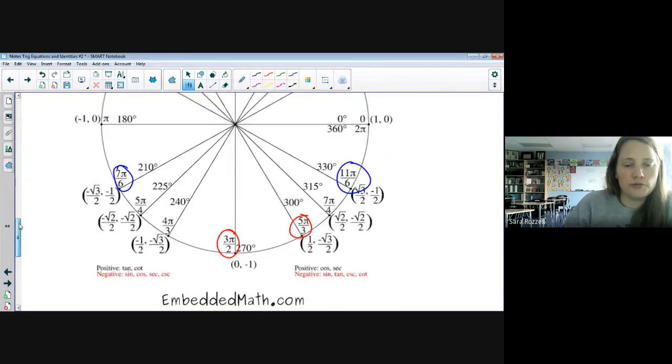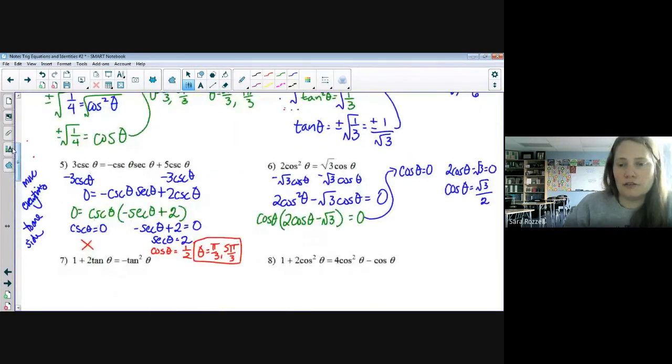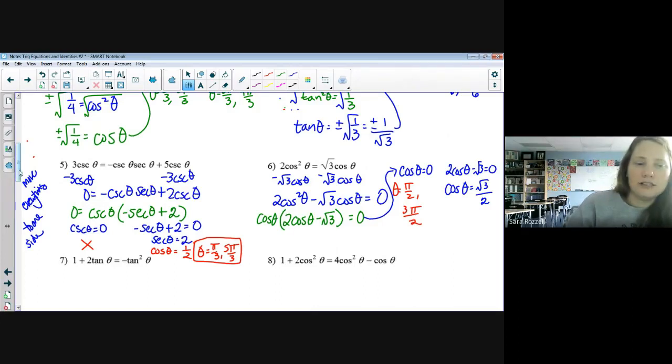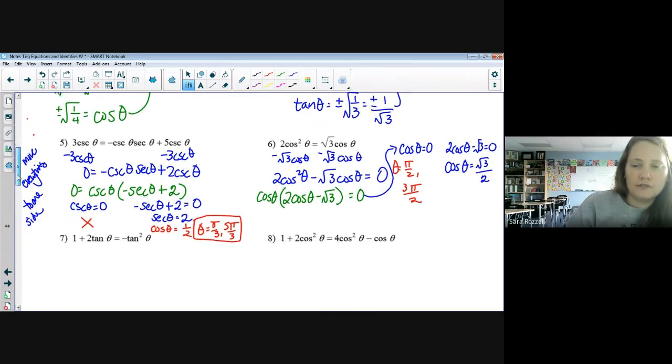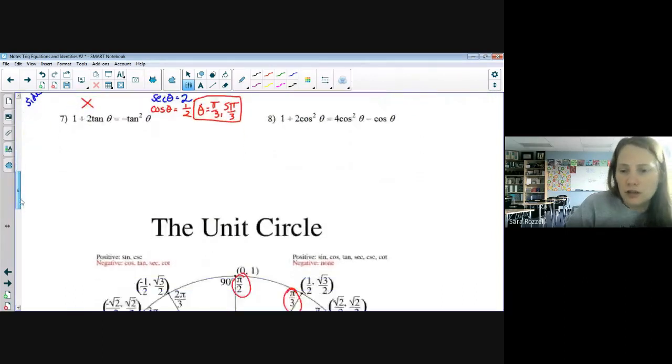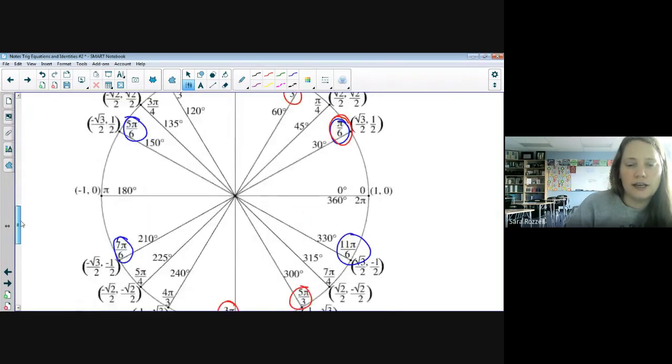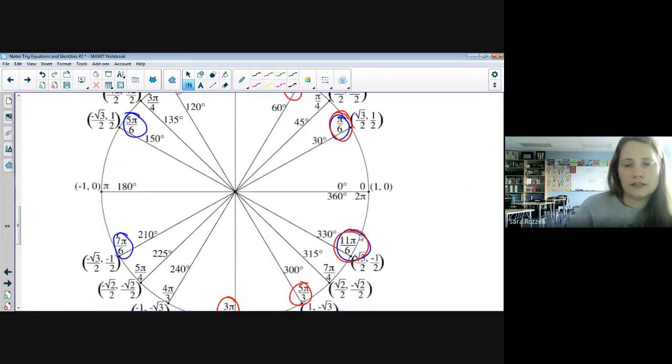So that's our first one, pi over 2 and 3 pi over 2. And then our second one, we're looking at root 3 over 2 for cosine, pi over 6, and 11 pi over 6.